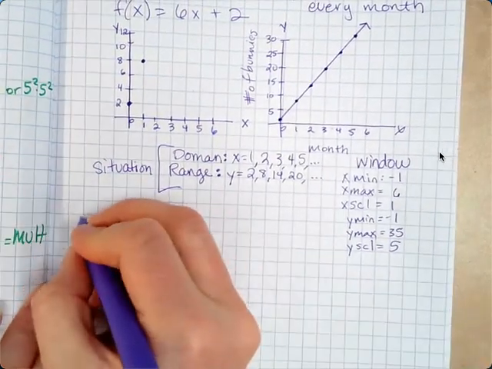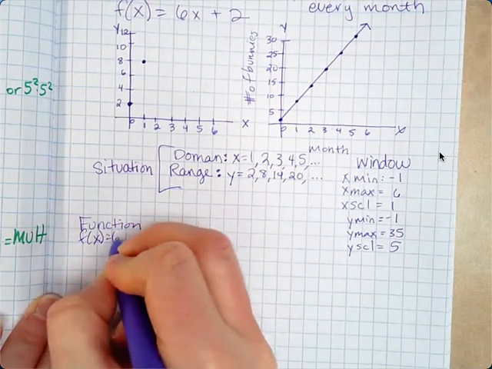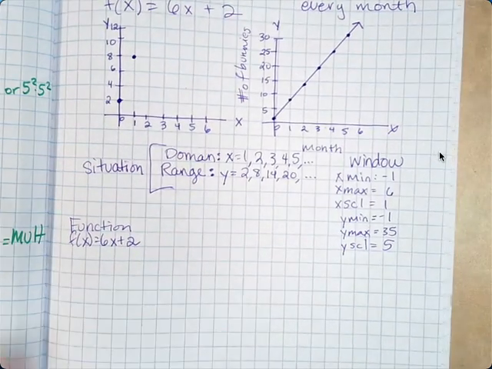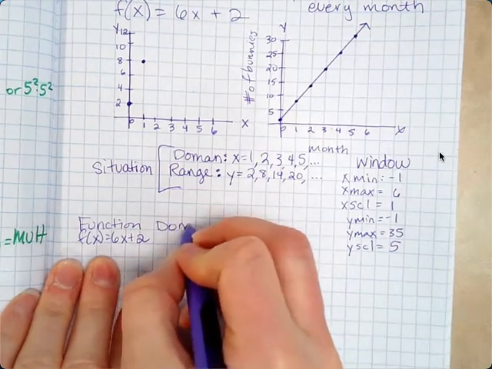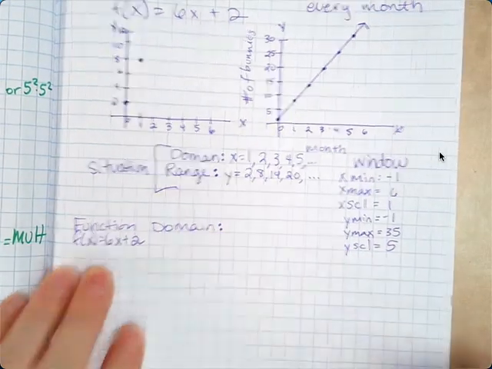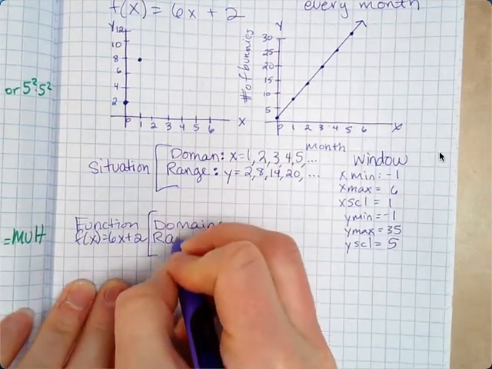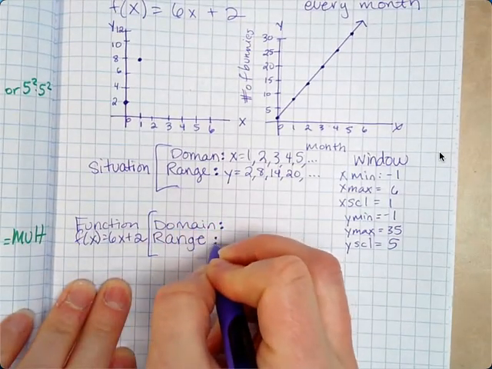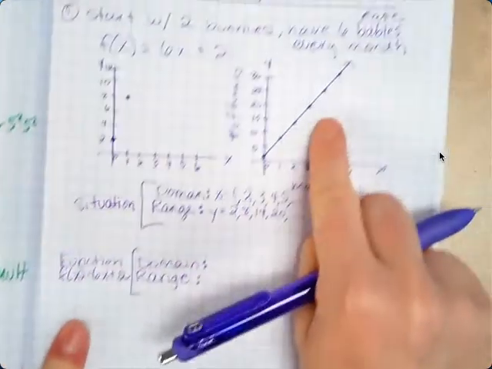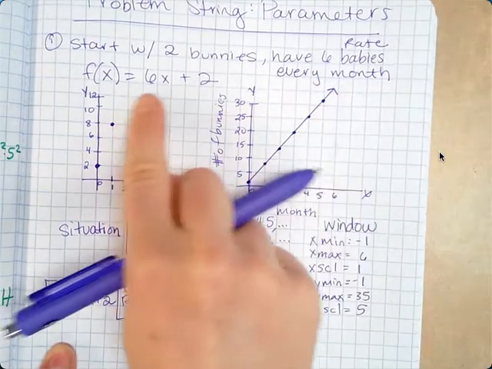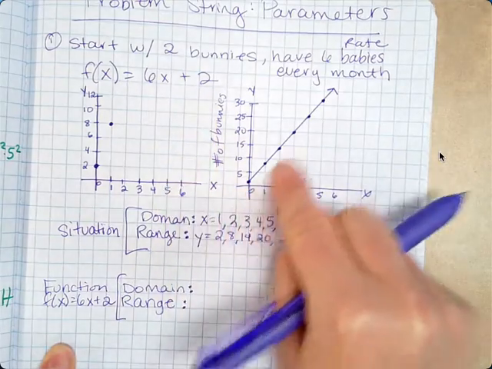But what about for that function, f of x equals 6x plus 2? Let's find our domain and range for that. So if I'm looking at the function here of f of x, 6x plus 2, I would connect the dots.